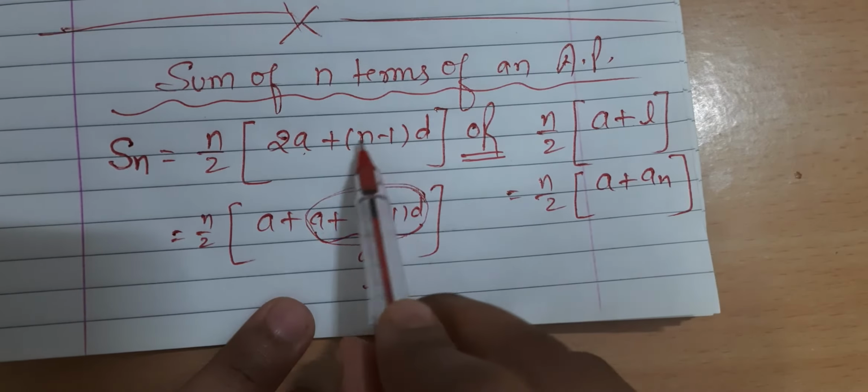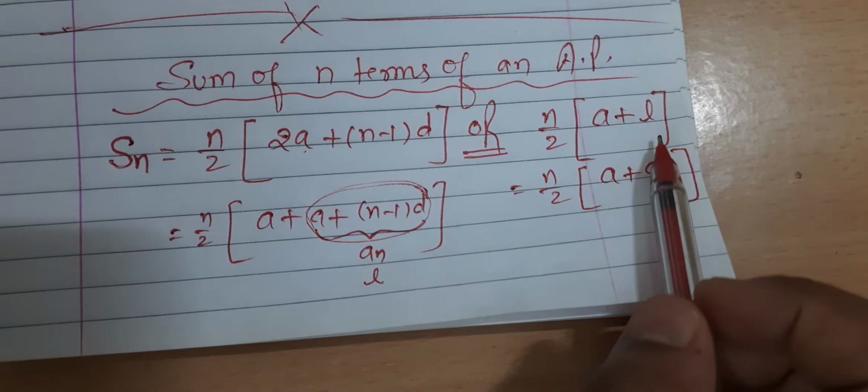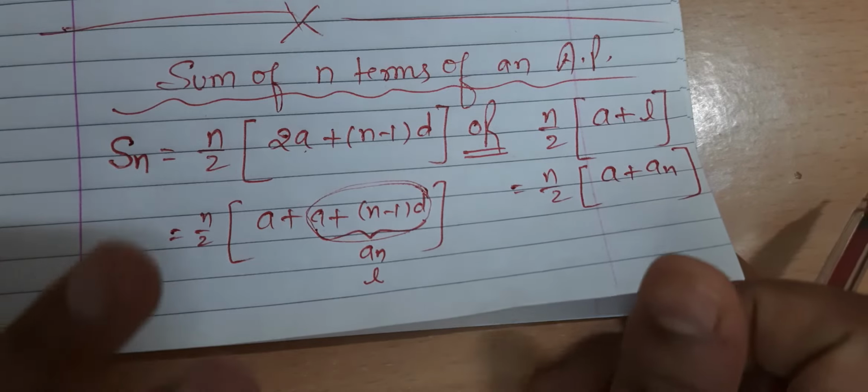That is why this formula can also be written as n by 2 times a plus l. So if in the question we are directly given the last term and first term, then we can find the sum directly. Now let us solve questions based on this formula.